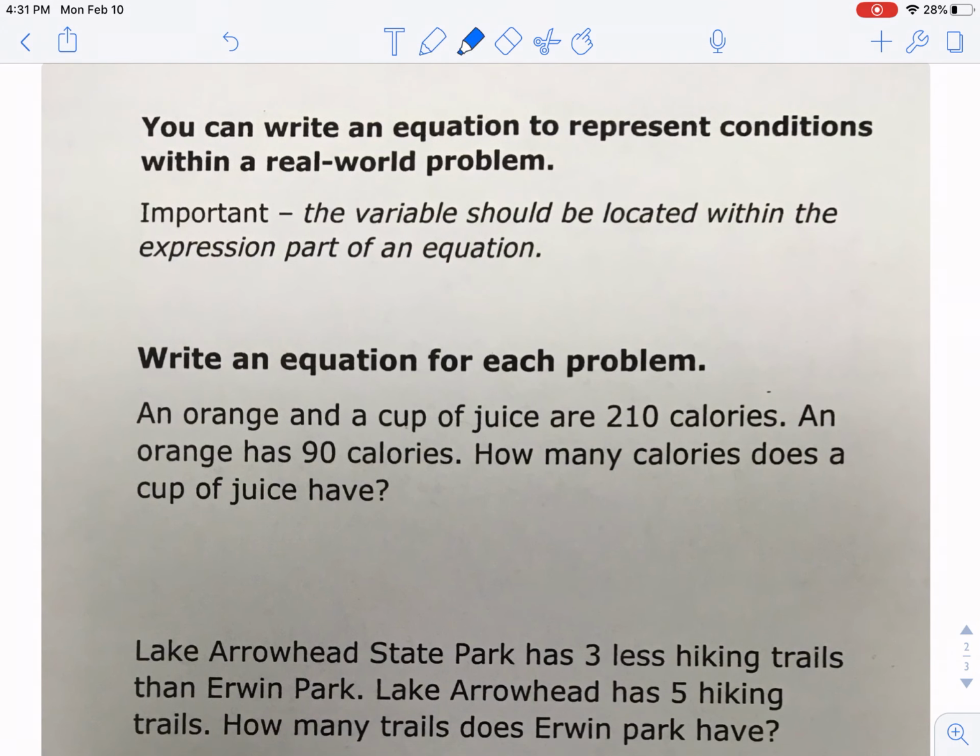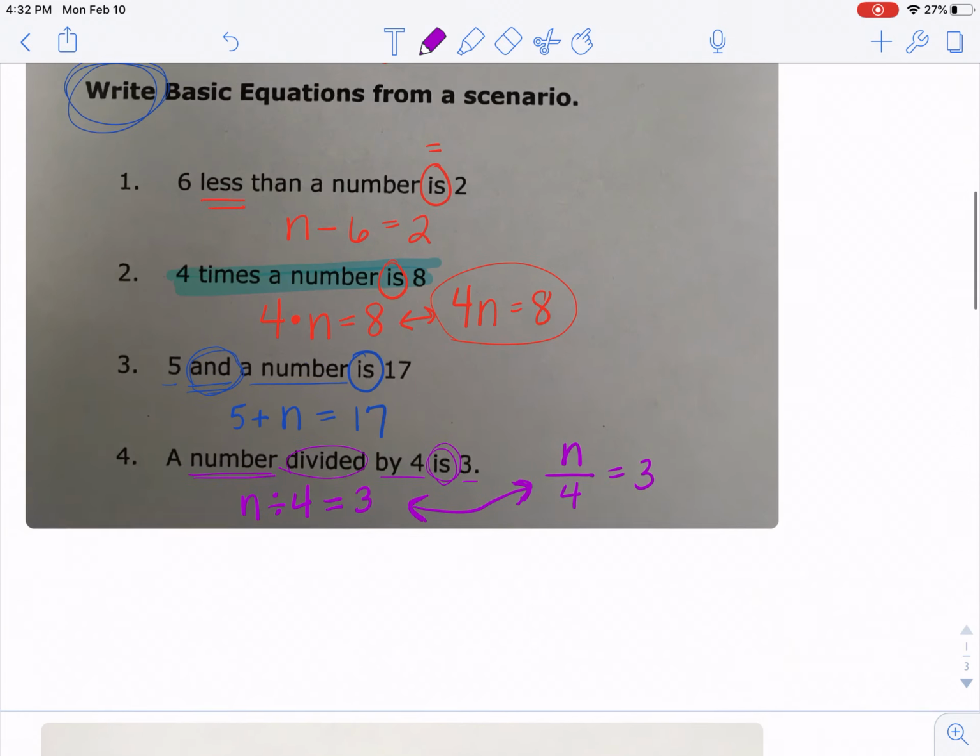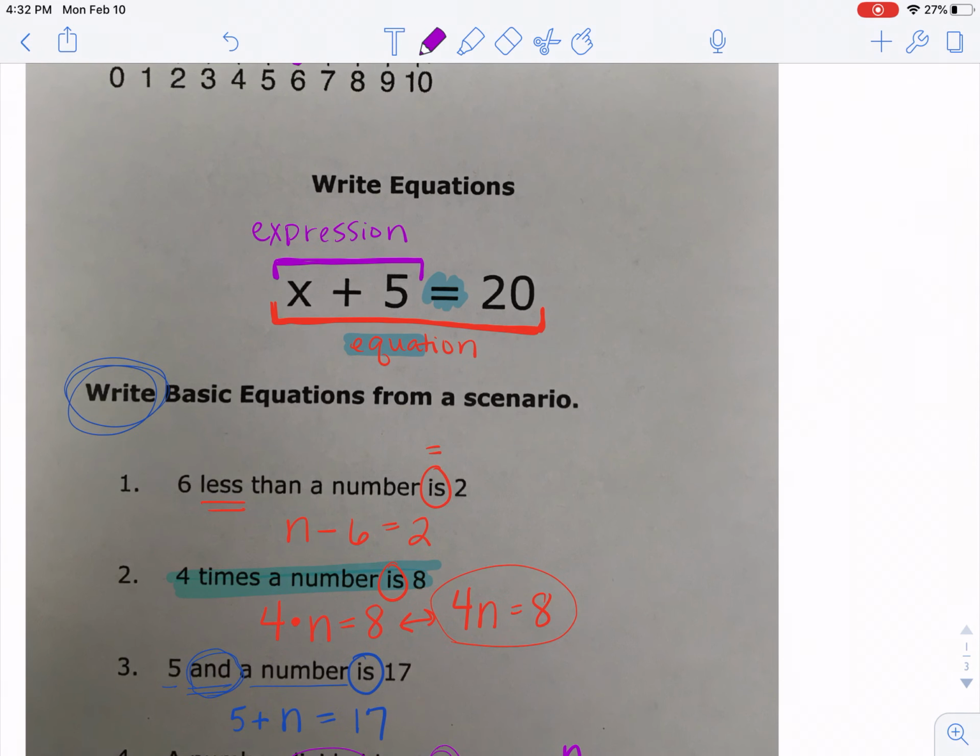So this slide says, you can write an equation to represent conditions within a real-world problem. And it's important to remember that the variable should be located within the expression part of an equation. That's not always true, but it's usually true that the variable, the x, is going to be on this expression side of the equation.